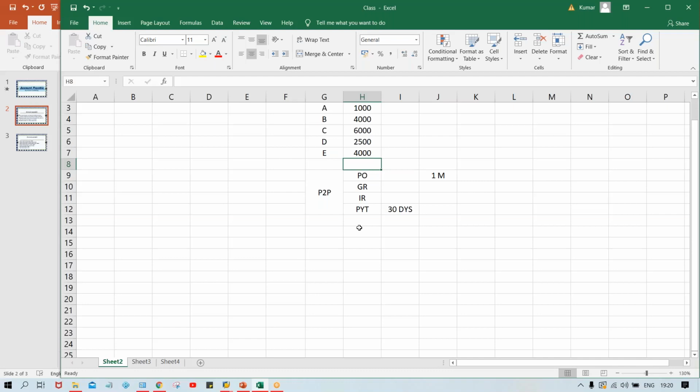I'll tell you once again, because learning SAP doesn't mean that you have to learn the configurations blindly. No, you need to understand the concepts. If you're able to understand, then only are you going to become a consultant.